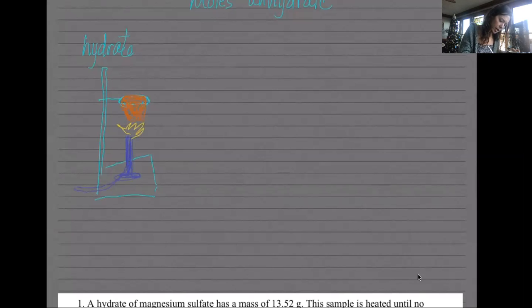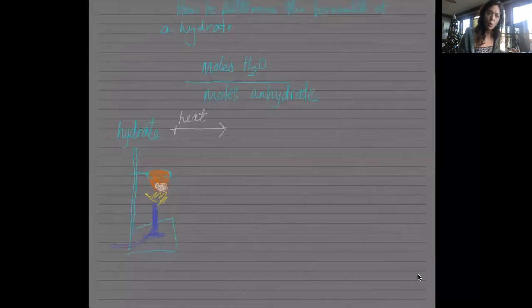And remember, in here you have a hydrated compound. You have a solid compound that contains water, and you are heating it. When you add the heat, what comes out of the hydrate? Water, right?